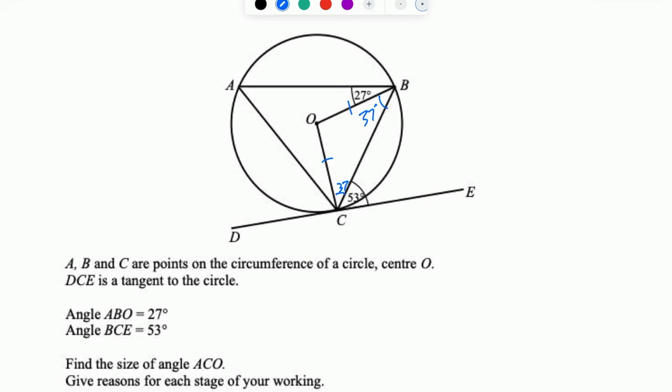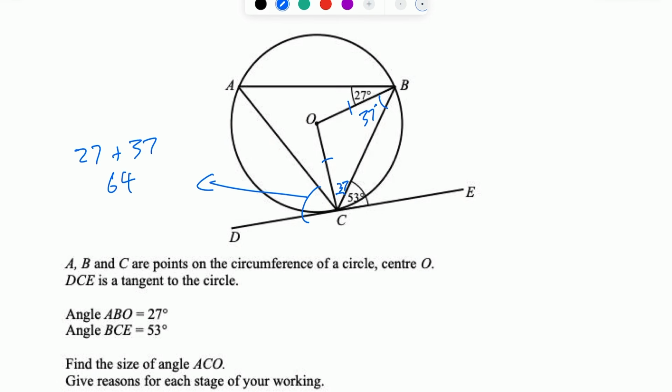So essentially, when I look at this, the angle that would be created here is equal to this angle here. So I know what that angle there is. That's 37 plus 27. So using the alternate segment theorem, I know that's 27 plus 37. So if I do that, I get 64.